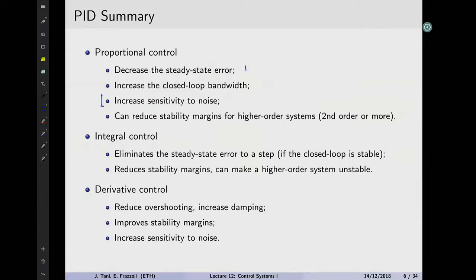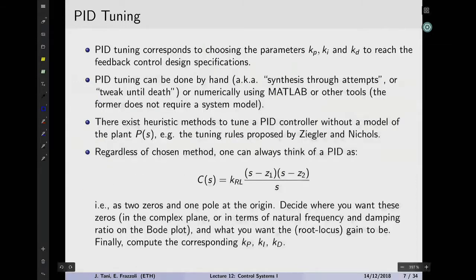You cannot take derivatives of a noisy signal because you'll have stuff that goes from plus minus infinity all over the place. So every time you use a derivative part for a controller, tread with care. You have to make sure you do some pre-processing of the measurement in order to make it acceptable.